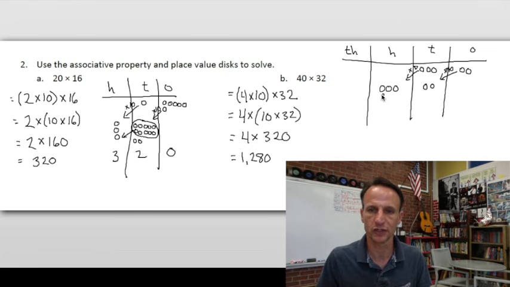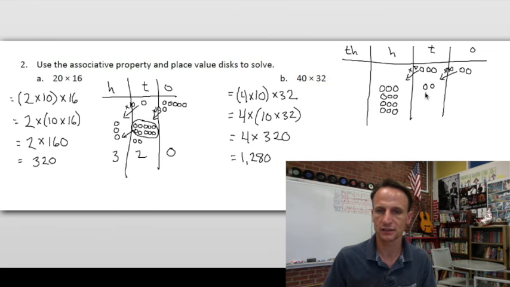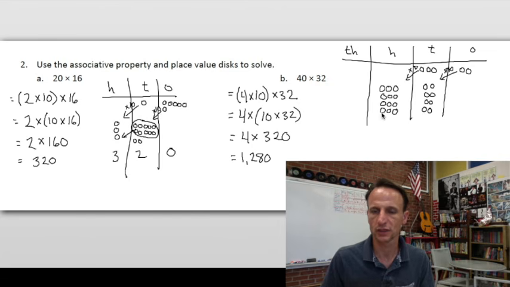So I have one row of hundreds. Let me add a second row of hundreds, and a third, and a fourth. And same thing here. I have one row of tens, multiplied by 4, so a second row of tens, a third, and a fourth.